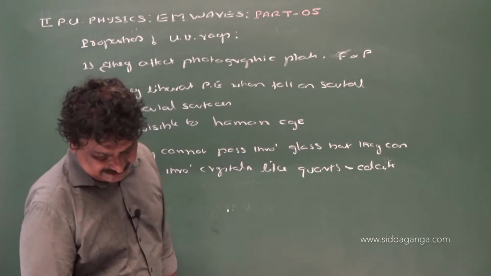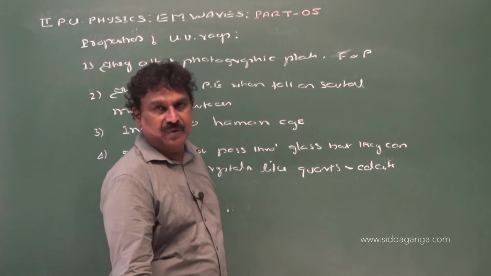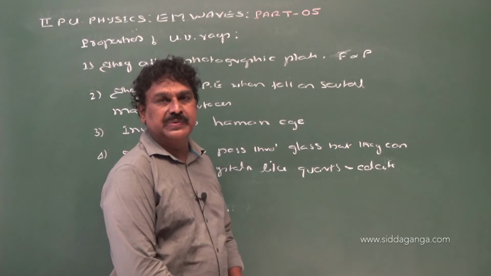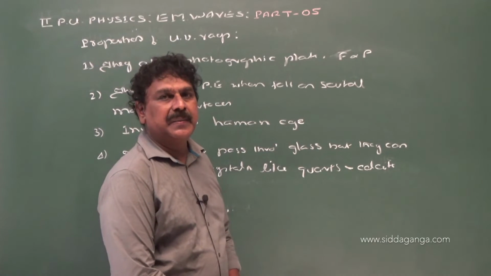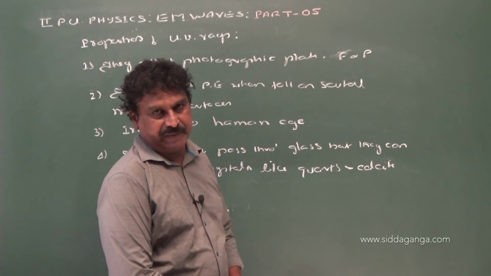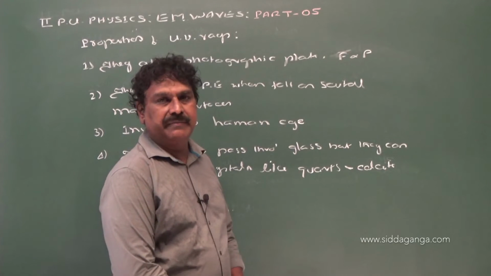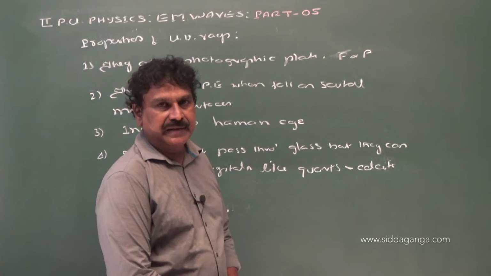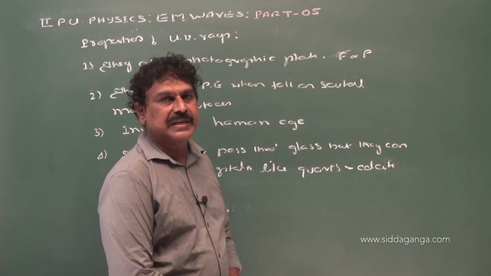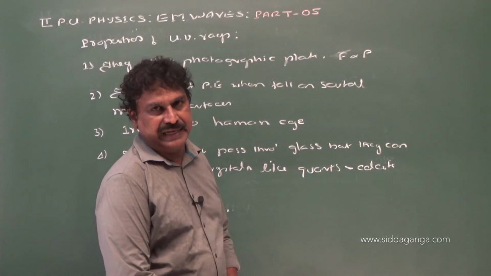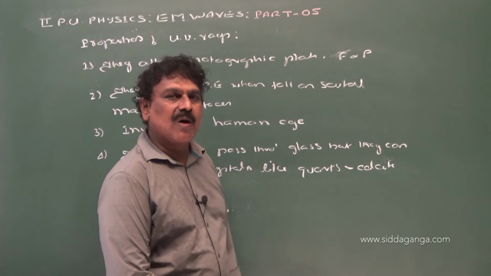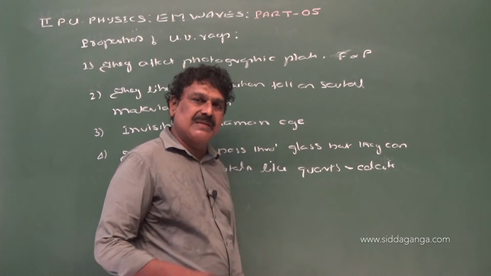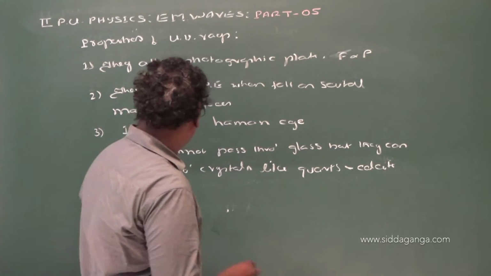Therefore, in the experimental arrangement of the photoelectric effect, the window we use in the side tube is either made of a glass plate or a quartz plate. Suppose we are using ultraviolet radiations as incident radiation, then ultraviolet radiation cannot pass through glass. It is absorbed by the glass. Therefore, we use a quartz plate or calcite plate. And glass can be used for visible radiation and infrared radiation.